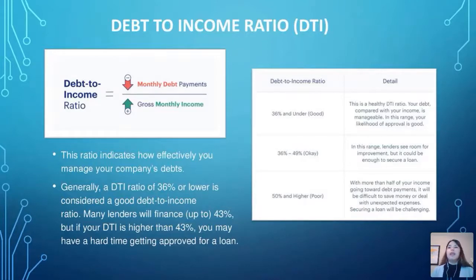Some of my clients saw this with the SBA loan: your debt to income ratio is a little too high for us. So it's a key ratio to look at. You just have to pull up your profit and loss statement and your balance sheet, and calculate this ratio here.